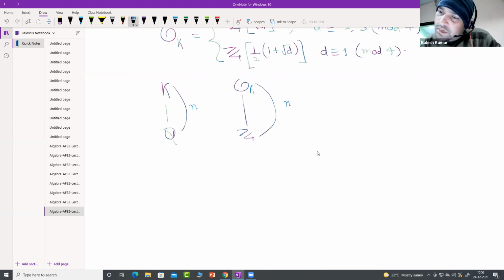Here n is the dimension of K over Q as a vector space, but n can also be thought of as follows: O_K is a Z-module, and the notion of module you are going to see in the next week's lectures. So this n can be thought of as the rank of the module O_K as a Z-module.